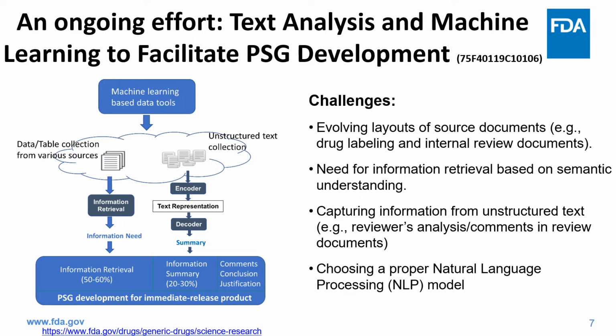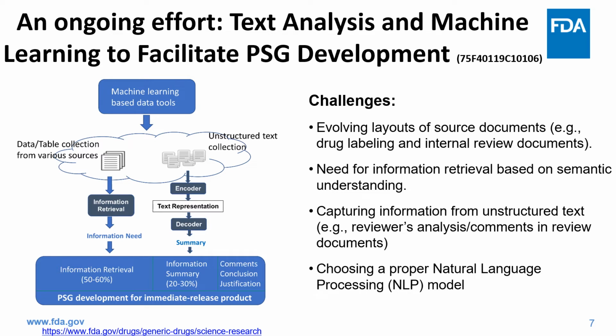Here, I would like to share some experience and challenges from one of our ongoing projects. The ongoing effort is a contract focusing on applying text analysis and machine learning to facilitate PSG, product-specific guidance, development. The left side diagram displays a high-level view of this project.